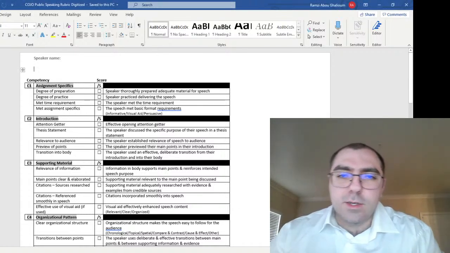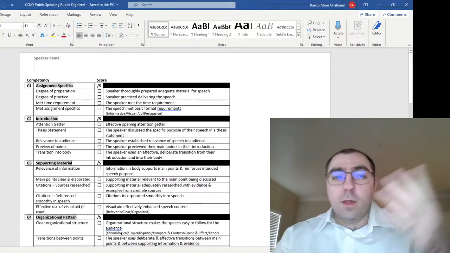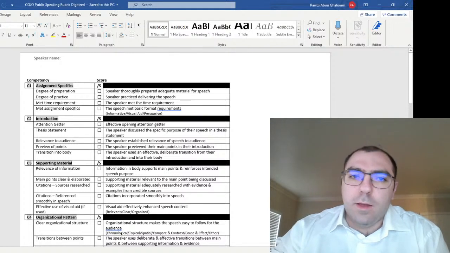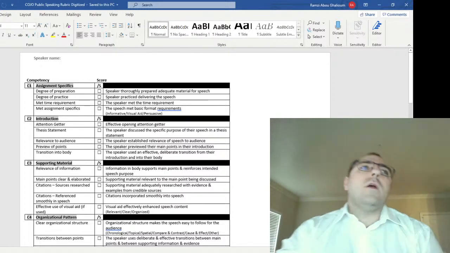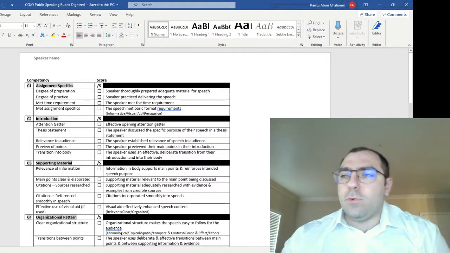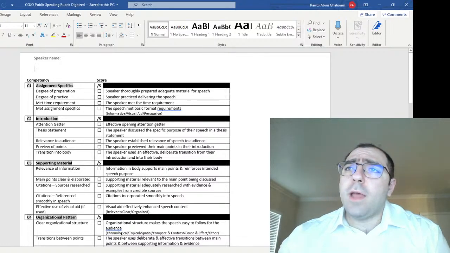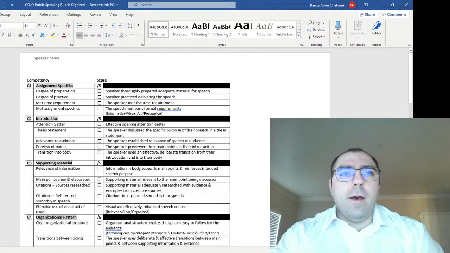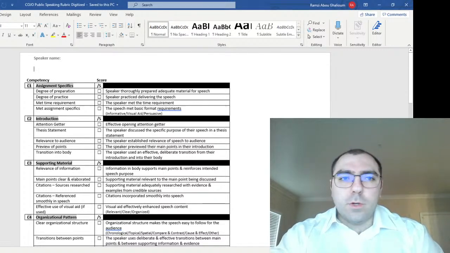So today's lesson might be a little bit dry. It's something that I think is important to go over, which is the rubric. I included a breakdown of it in our shared Blackboard folder.